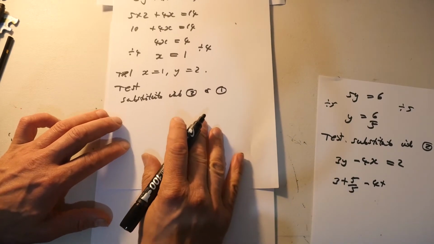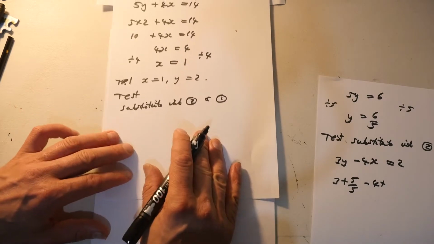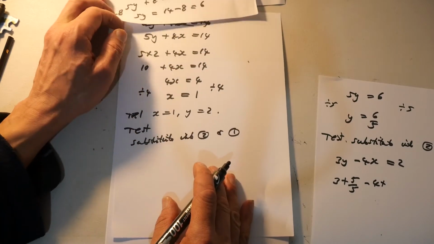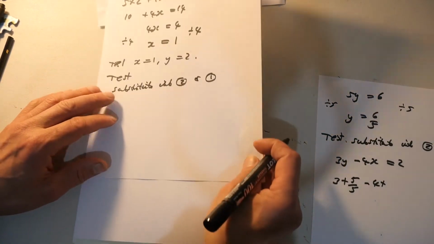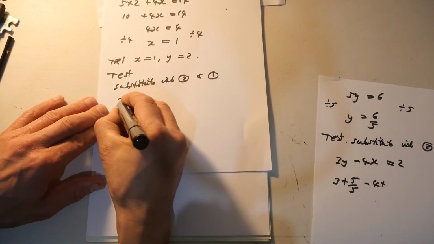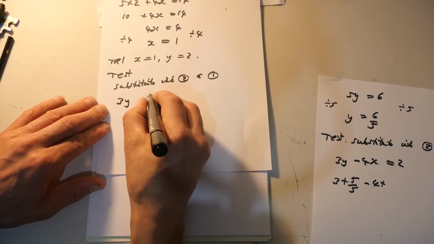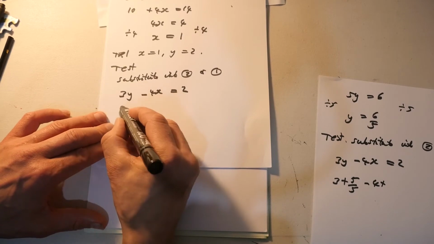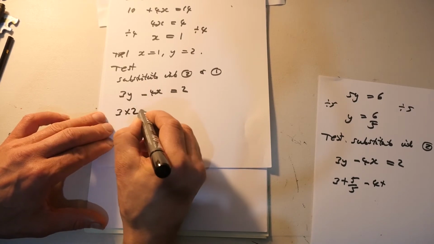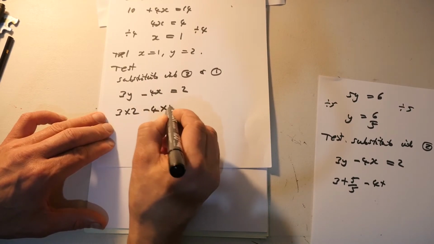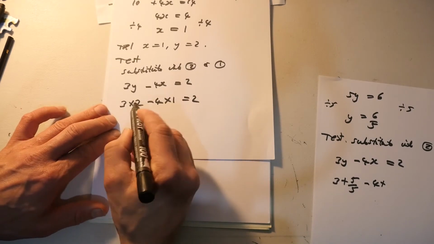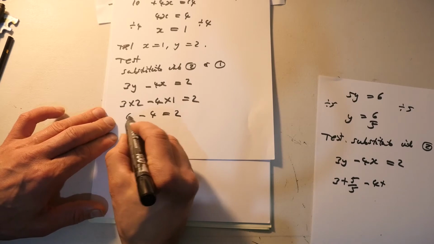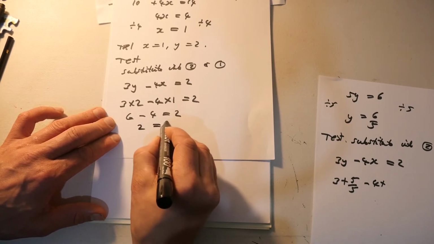So putting it into 2, so you get 3y minus 4x equals 2, okay, so 3 times 2 minus 4 times 1 equals 2. 3 times 2 is 6, minus 4 equals 2. 6 minus 4 is 2, equals 2.